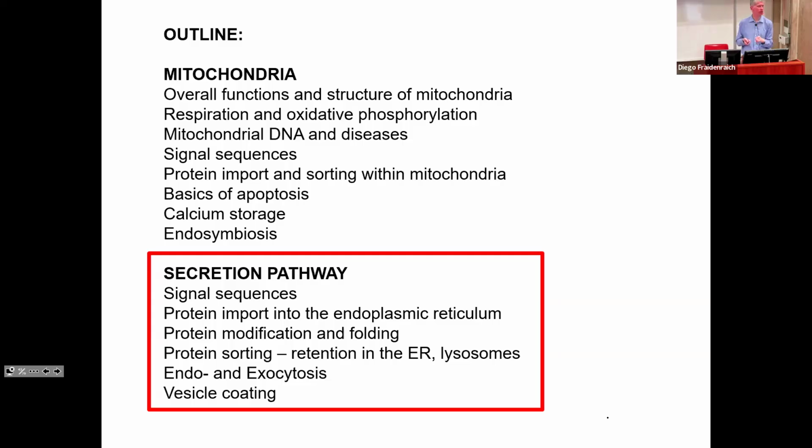So once it's on the way into the matrix, it would get stuck in the inner membrane, and then it would not be released into the matrix.